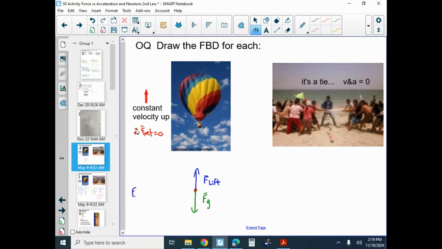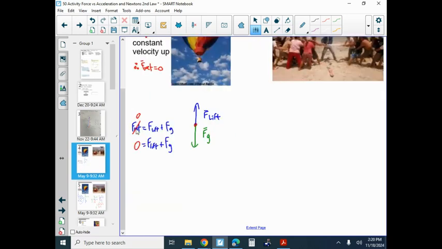So if you look at F net equals F lift plus Fg, we know that this is 0, right? So we have 0 equals F lift plus Fg. And so really we get that the lift force is equal to the negative of the gravity force when we do the subtraction from both sides, right?